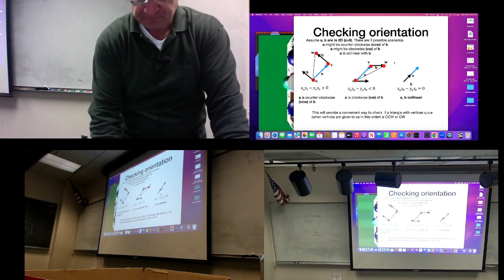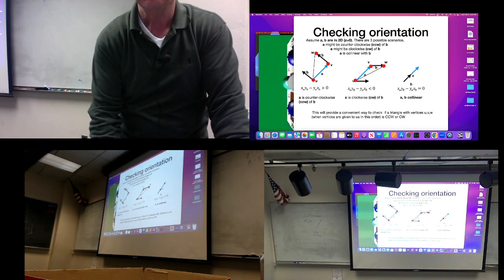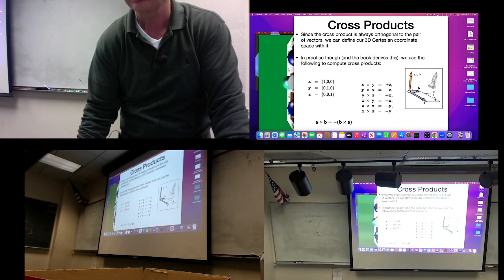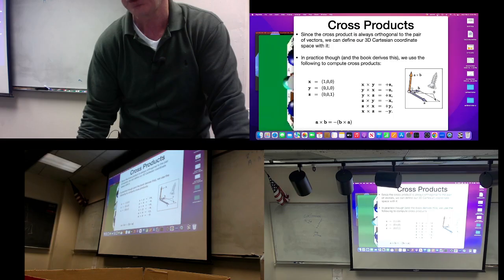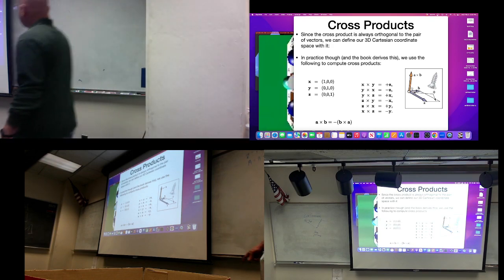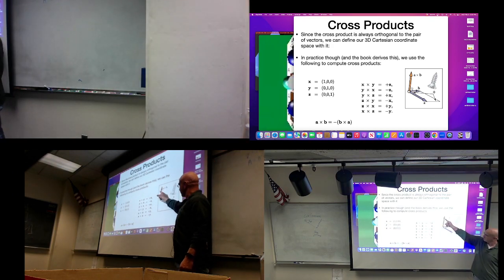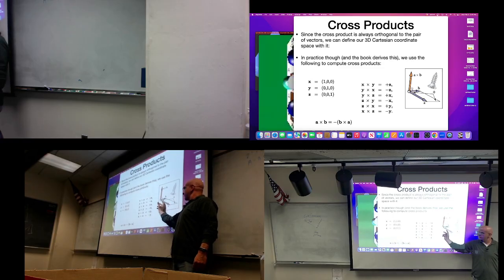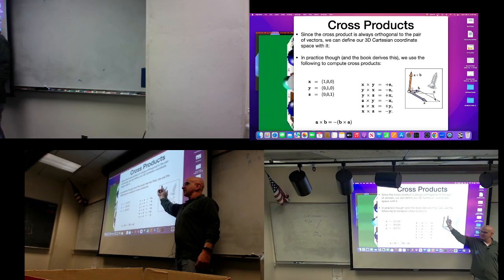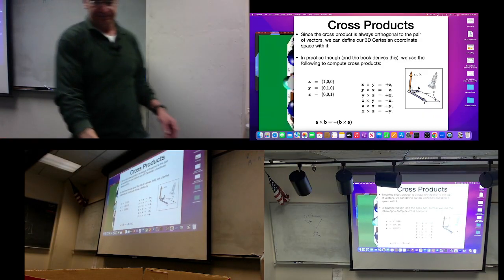Okay. Checking orientation, we discussed. Remember, we had the direction of the cross product when I'm going from A to B, that is, looking at A cross B. The vector C is orthogonal to both A and B, and in terms of direction, the vector A cross B is such that if I screw from A to B using a screw, that's the direction that it moves toward.